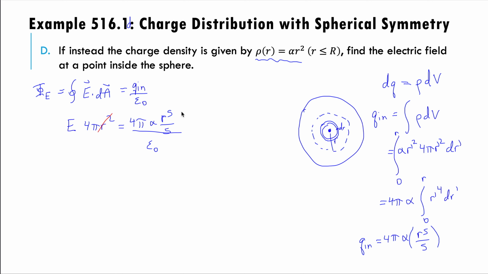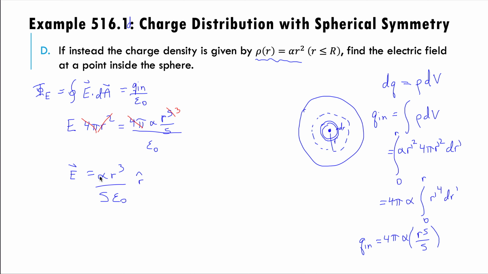We're going to cancel out r squared here to get r cubed. We are going to cancel out the 4 pi's. And we're going to get E equals alpha r cubed over 5 epsilon naught. And then the direction is going to be in the r hat direction again.